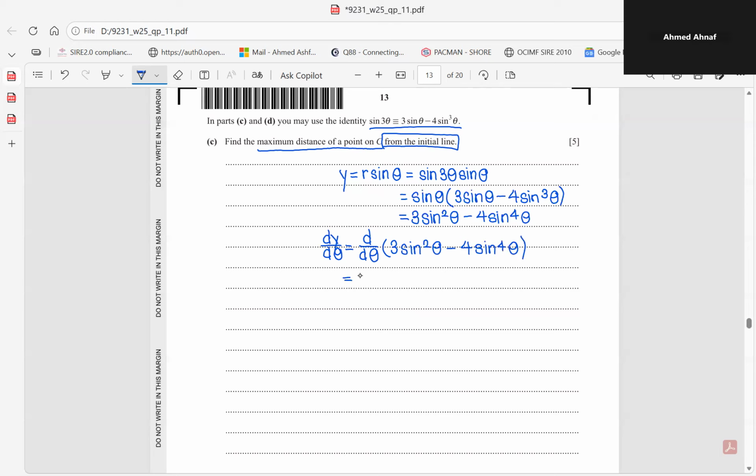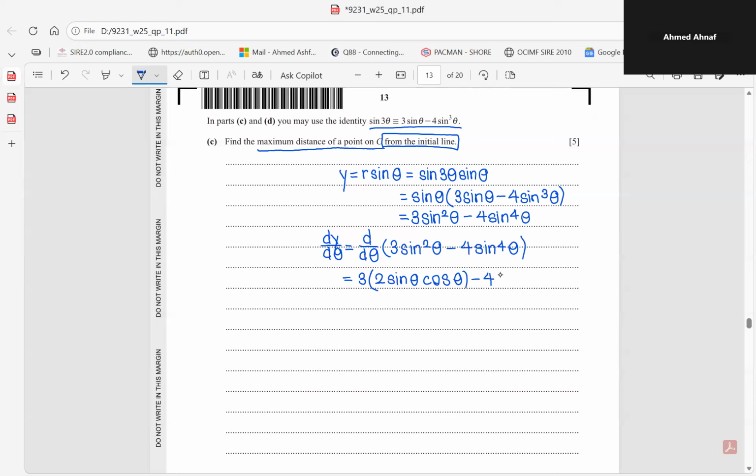So to differentiate this, to differentiate sine squared, bring down the power, minus 1 from the original power and differentiate sine theta, which is just cos theta. Same for 4 sine theta to the power 4.